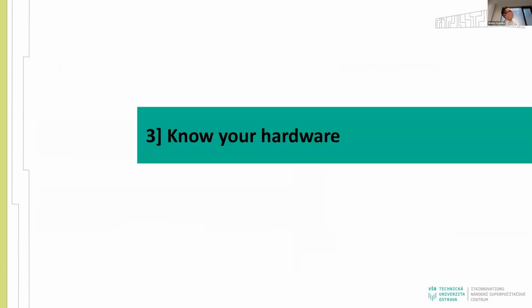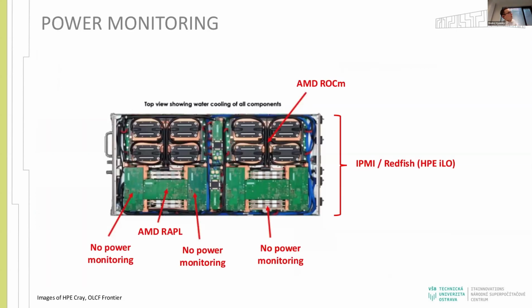Important part here, as I said, is that we have a variety of hardware platforms and a variety of ways of monitoring the energy consumption. In that case, it's important to know what hardware we are using for the application.